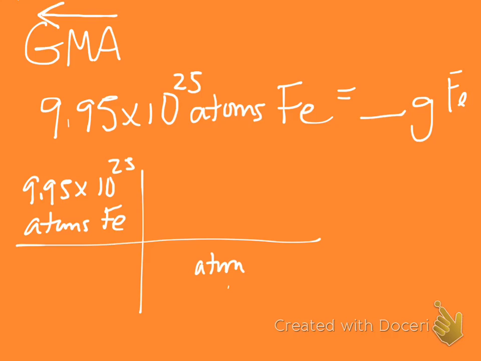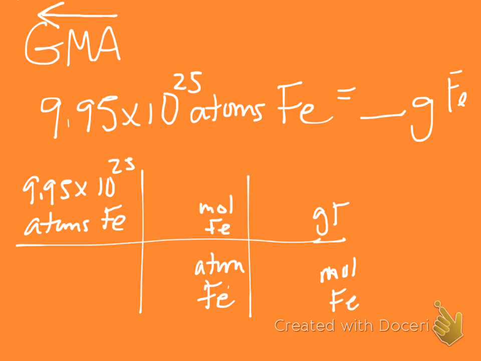Atoms of iron. Okay, units and chemical on the top. Moles of iron. And on the bottom, in the last box, what do we have? Moles of iron. And in the top box, what do we have? Grams of iron.